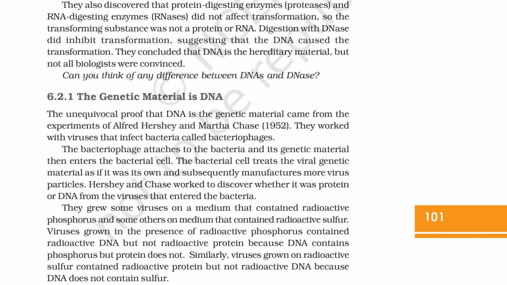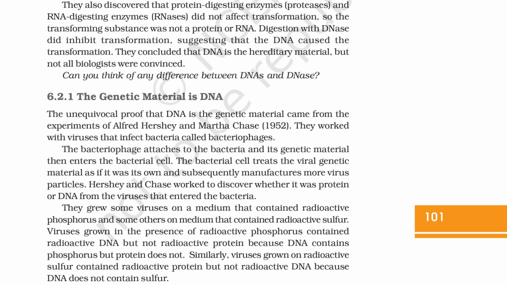They grew some viruses on a medium that contained radioactive phosphorus and some others on medium that contained radioactive sulfur. Viruses grown in the presence of radioactive phosphorus contained radioactive DNA but not radioactive protein because DNA contains phosphorus but protein does not.